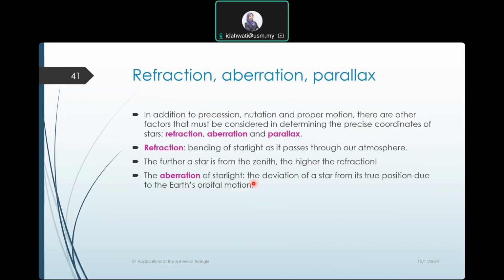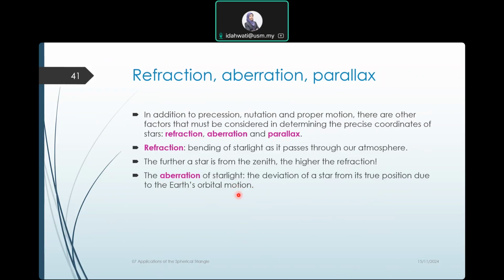So a star further from the zenith, meaning toward the horizon, not at 90 degrees, say at 50, 60, 30, 20 degrees, away from the zenith, has a higher refraction. The light has to go through more of the atmosphere, so the refraction is also larger compared to a star directly overhead, exactly at 90 degrees.